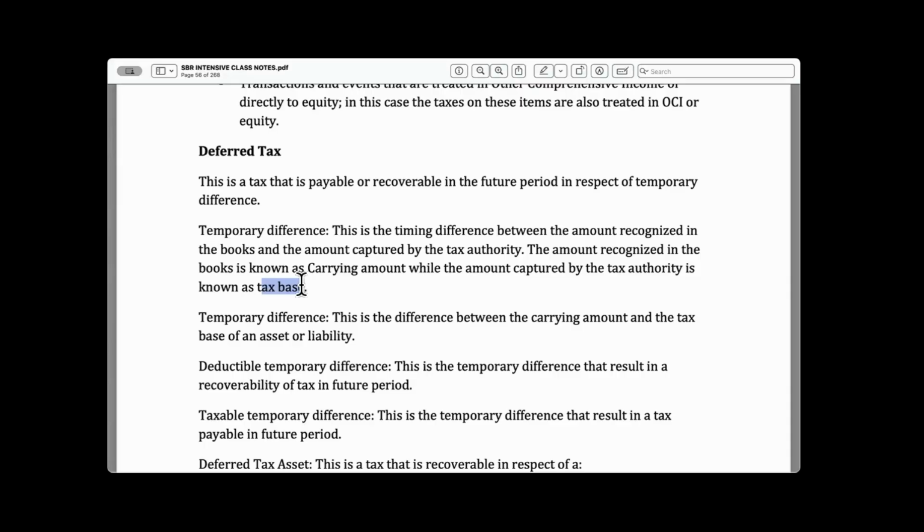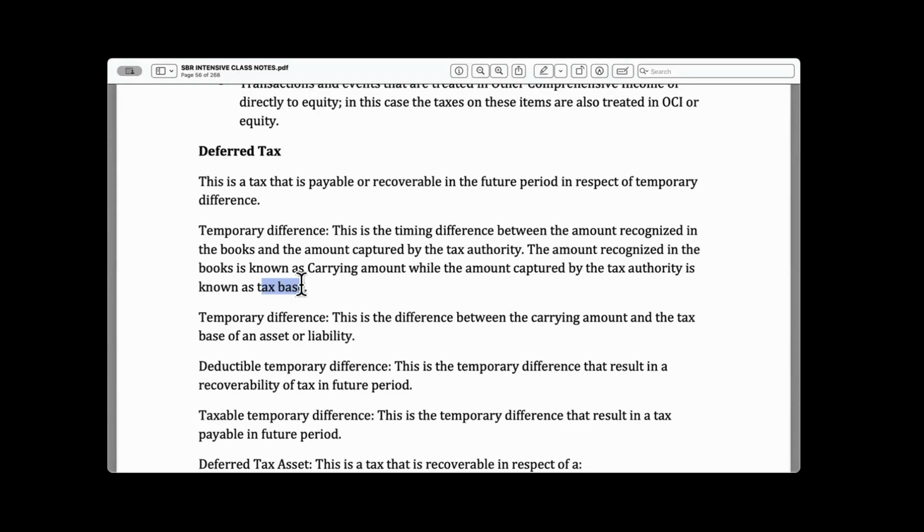Where these differences arise, we will usually accrue for tax. If I want to explain this in very plain terms, take items like revaluation surplus. When you have a revaluation surplus, you will put it in your books, obviously, but the tax authority will not tax it because they will say that it is a fictitious gain.